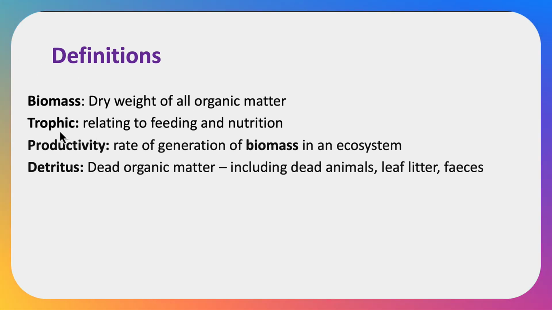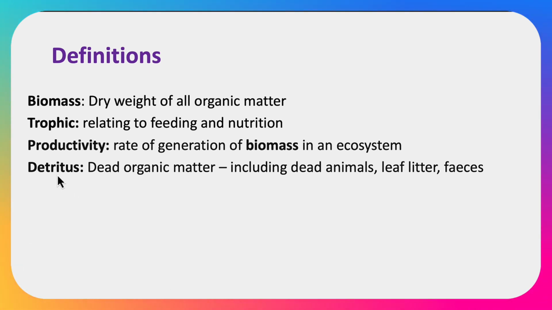Trophic, we've seen the word trophic when we think about autotrophic or heterotrophic. So trophic basically means feeding and nutrition, and we're going to look at trophic levels. Productivity is a way we can look at the rate of generation of biomass in an ecosystem. How effectively can organisms actually generate and pass on biomass?